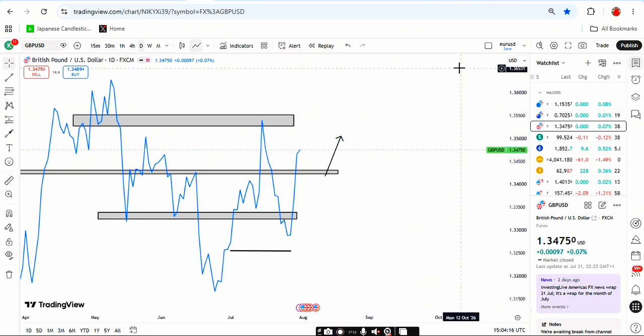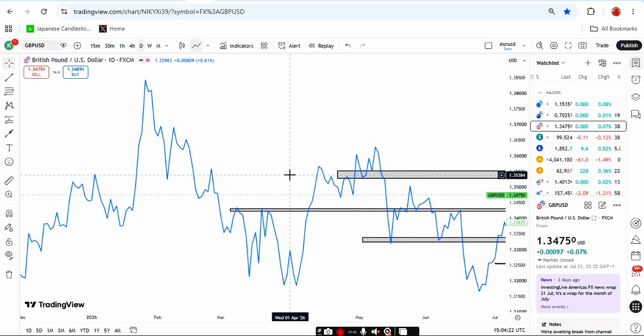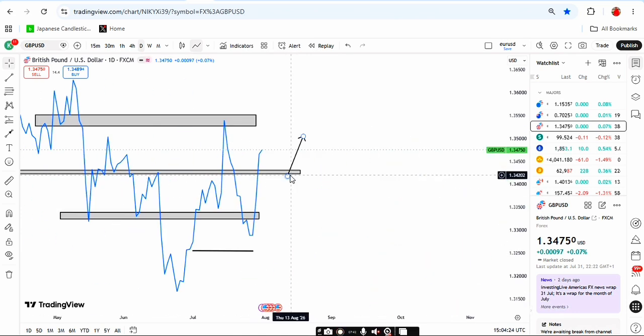This support zone that I'm seeing here is not too clean for me because the market has been swiping through it. We've had a choppy market for quite a long time. See, the market passed through it here, here, and here. So I'm not going to try to support and look for a market retracing here and buying from here, because the market has been swiping through it for the last 3 times now. That's why I don't really trust it going forward.